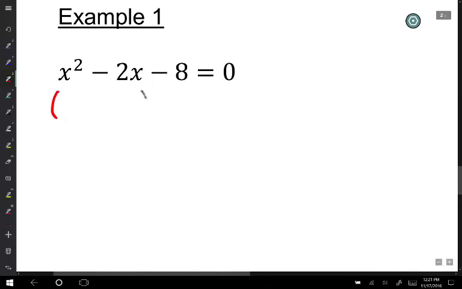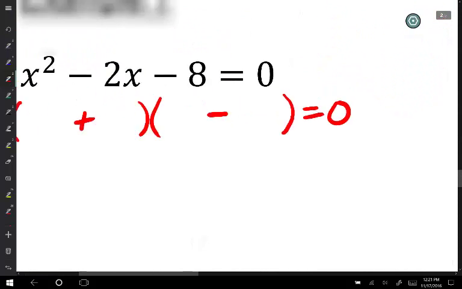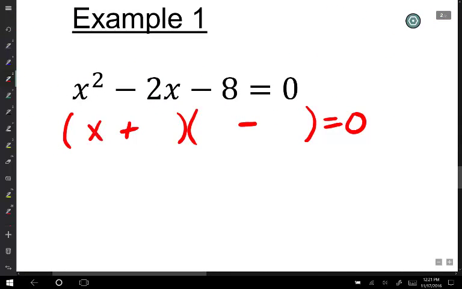Without looking up at the board, can you tell me my signs? Plus, minus. What do I know for absolute certain? Because it's x squared, I know it's what? X and x. So x and x. Possibles.